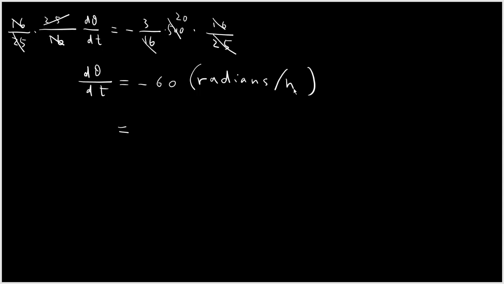This is equal to negative 60 over 3600. Now the unit is going to be in radians per second. Right. Using a calculator, we can round this number to 4 decimal places.